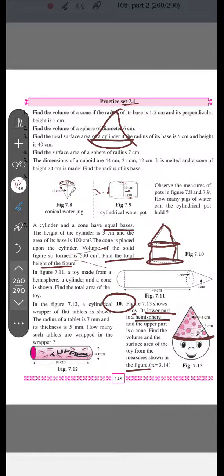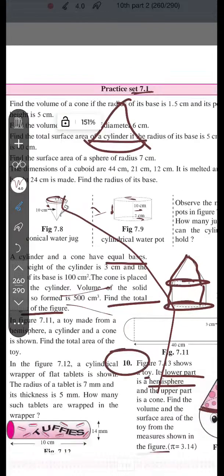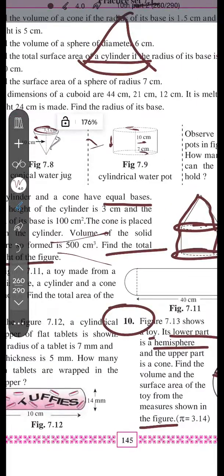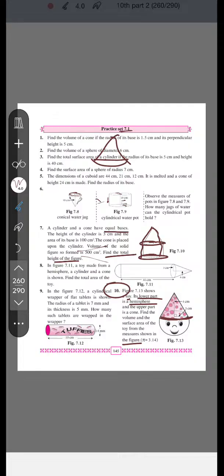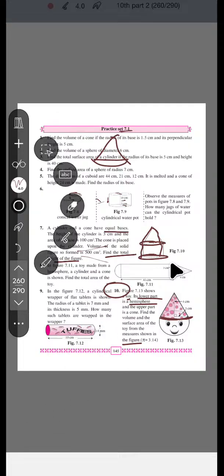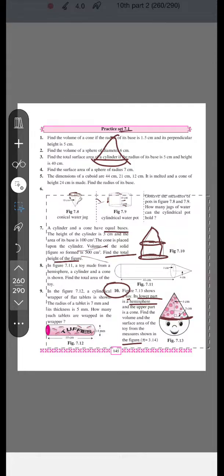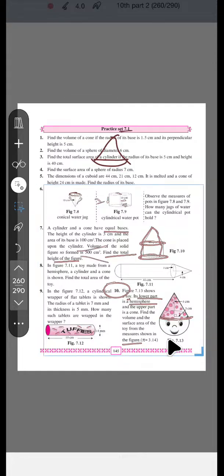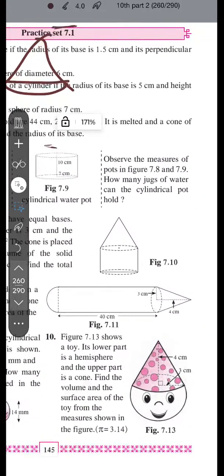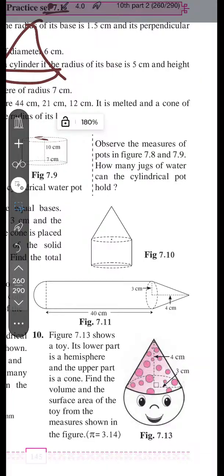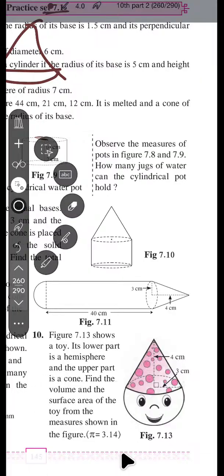So here we have to observe the figure. Let me clear all the things first so you can observe it. Okay, so here is the figure. You can see this is the shape of a toy, or you can give many more names.